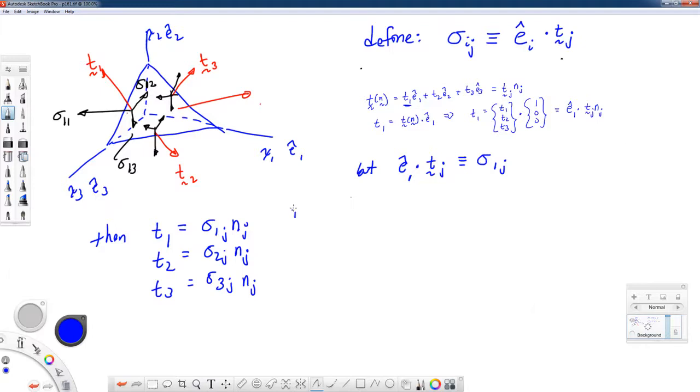In general then, if we use another free index, we can say that the ti, now this is the scalar component of this oblique traction vector, the ti component is equal to sigma ij nj.